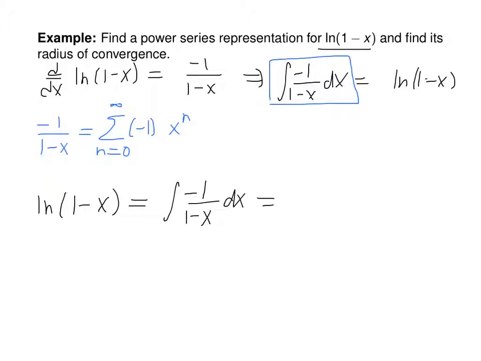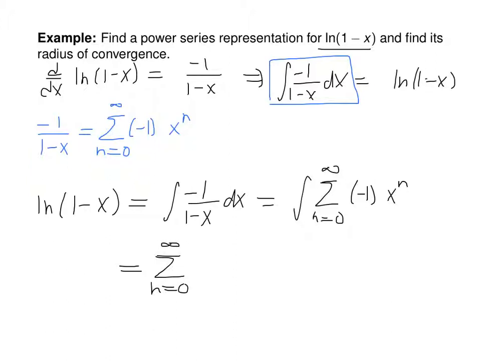So the integral of this series, sum from n equals 0 to infinity negative 1 x to the n, which is a sum from n equals 0 to infinity negative 1 x to the n plus 1 over n plus 1. And the original series had interval of convergence negative 1 to 1, non-inclusive. What we have to do for this final series is check the endpoints.